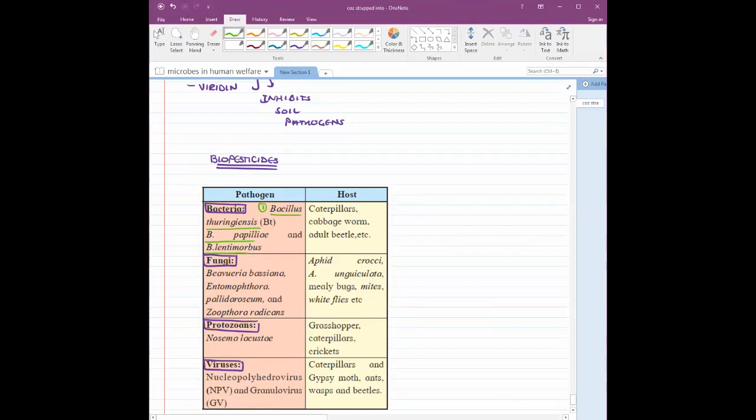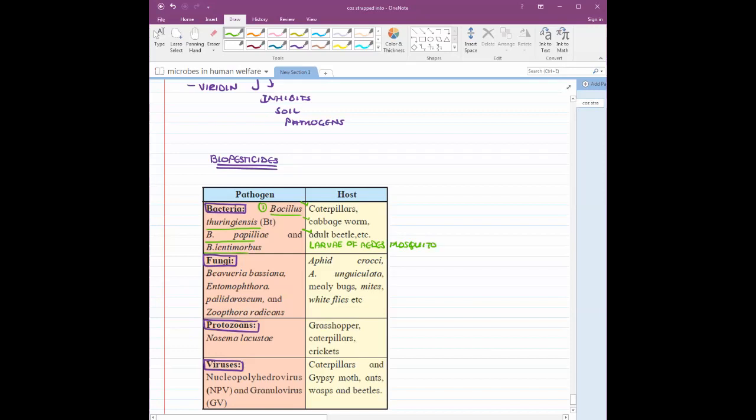All of them are going to work against caterpillars, cabbage worms, adult beetles, and along with this, what they have missed is that they also work against the larvae of the Aedes mosquito. This is what they have forgotten.